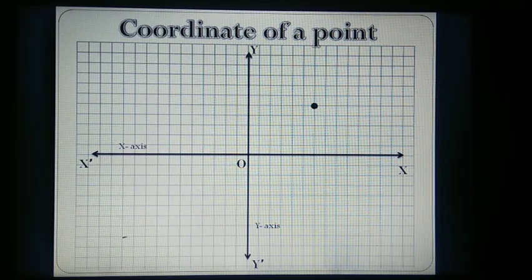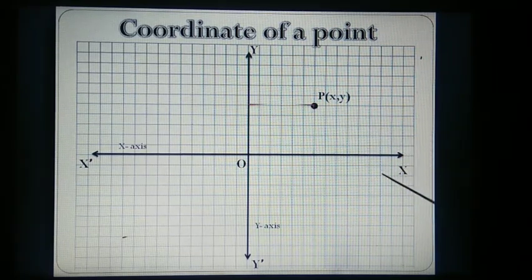And suppose I take this point and draw it over there, now let me call this point P, and let me call the coordinate (X, Y). Now this X means the distance from the origin along the x-axis, so from here to here it's X, and this Y is the distance from here to here, right?